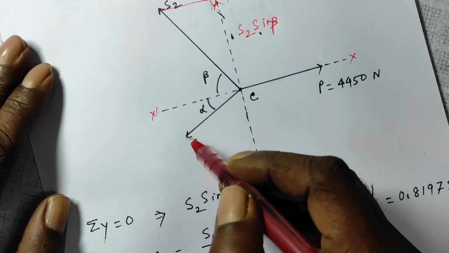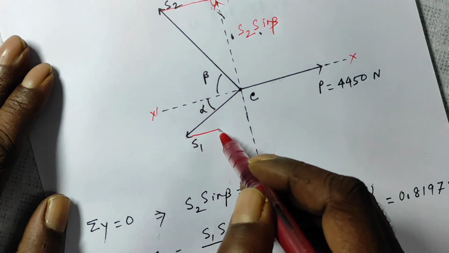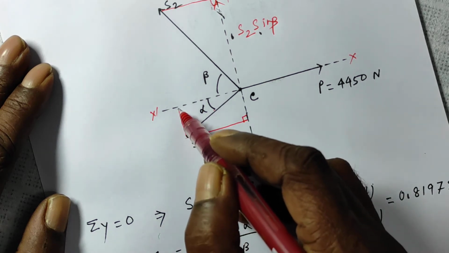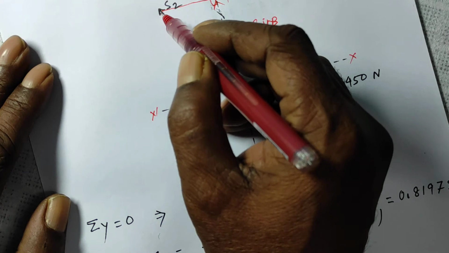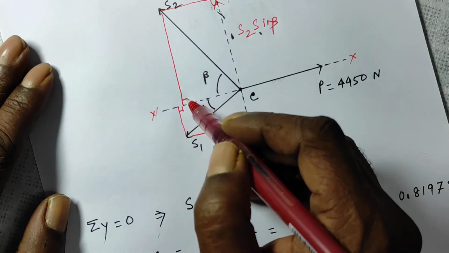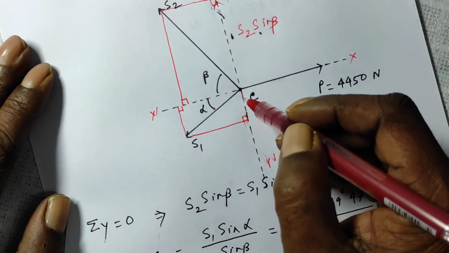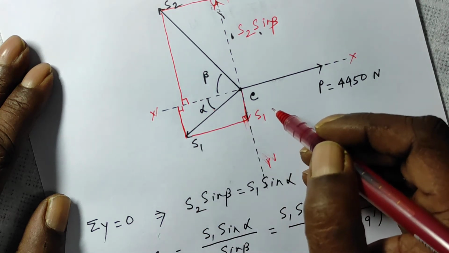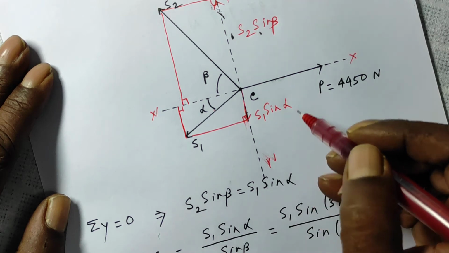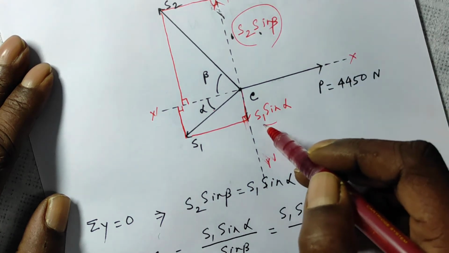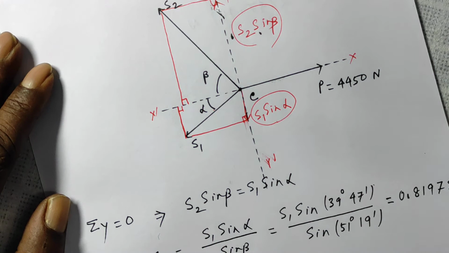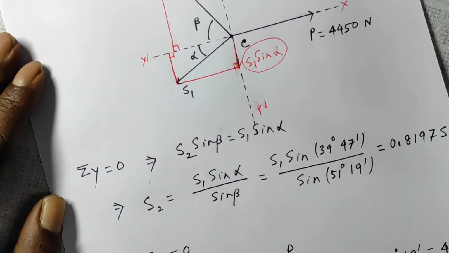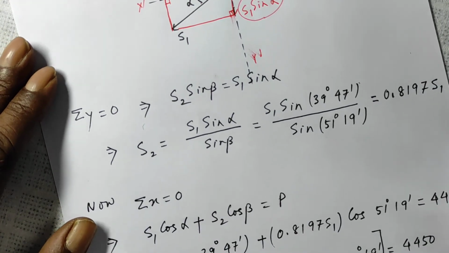And from here, if you drop a perpendicular to find out the x and y components, this part from here to here will be your S1 sin alpha. So S2 sin beta and S1 sin alpha are opposite to each other. If they are equal, then the condition of equilibrium is established. So I have made them equal.